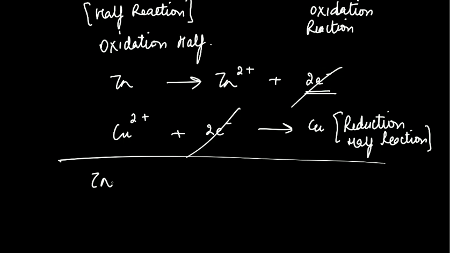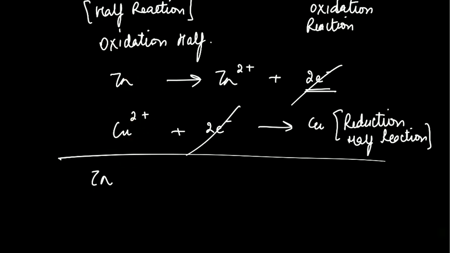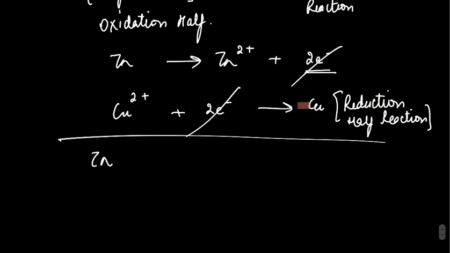Anything on the left hand side of this equation will remain on the left hand side, and anything on the right hand side will remain on the right hand side. No adding up like that. So zinc plus Cu2+ changing into Zn2+ and copper.